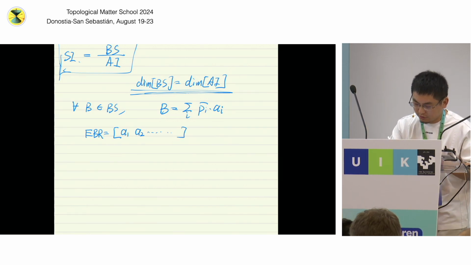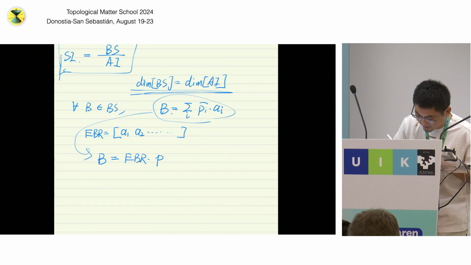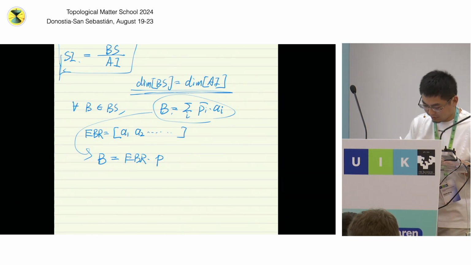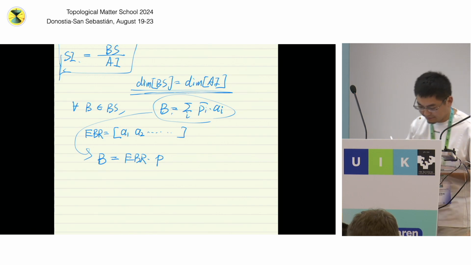Okay, and so this equation can be put in this form: B equals EBR times P bar. So, for simplicity, I just drop this overline. Okay, so now we try to find an integer solution for this P vector.